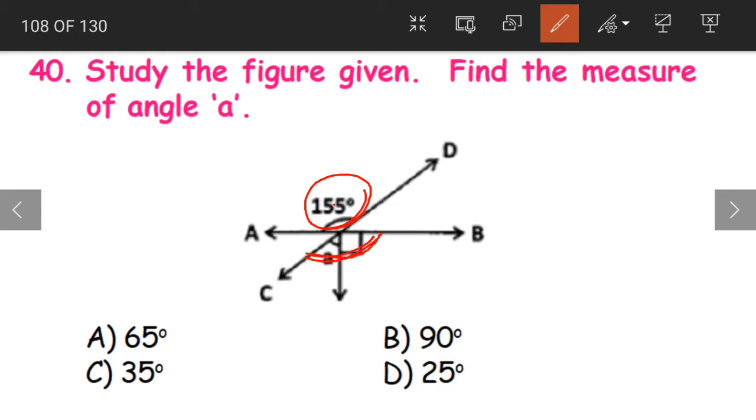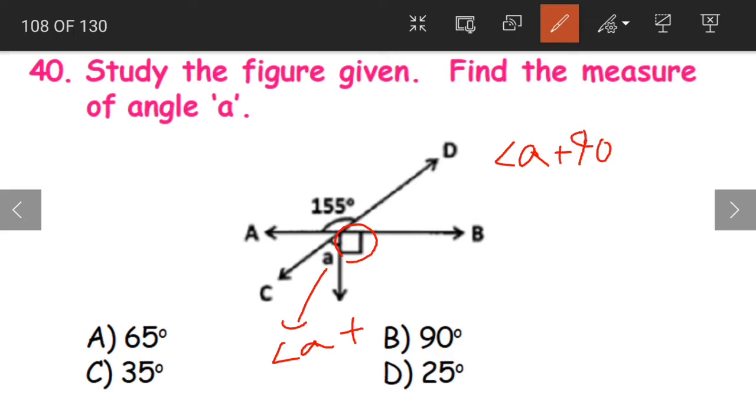Now this total angle is a combination of angle A plus right angle. Angle A plus right angle. Right angle is nothing but 90 degrees. How much is this total equal to, children? 155 degrees. They both are of the same measure.